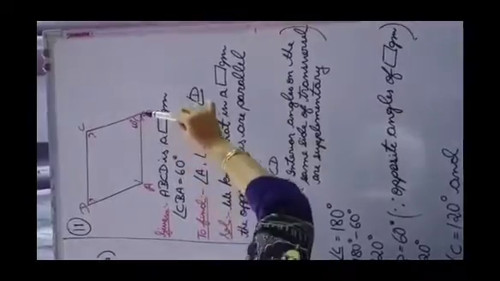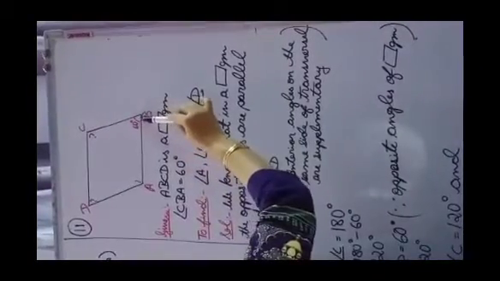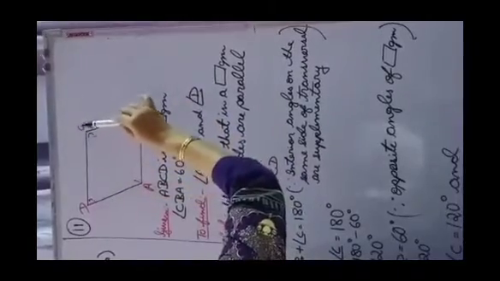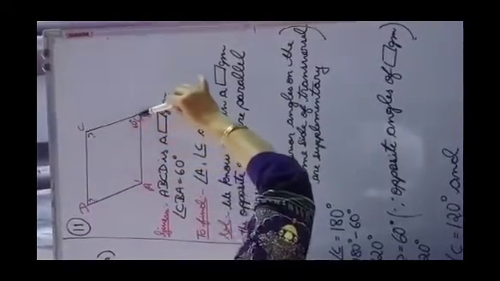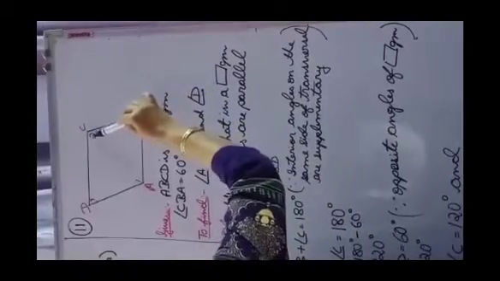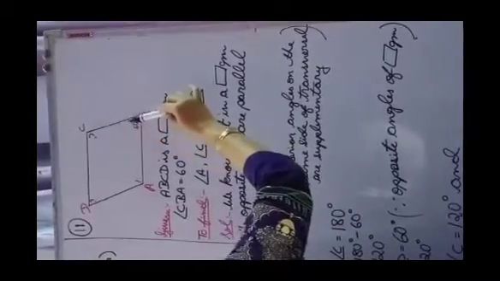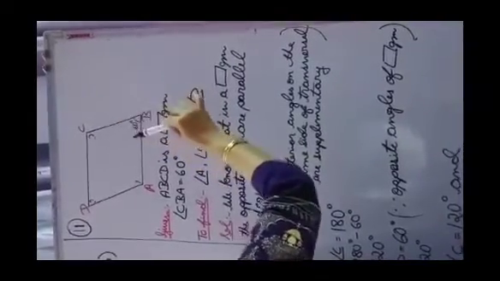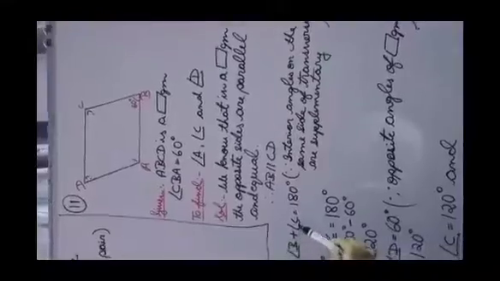Now see, since angle B is already given. If I take AB parallel to CD and suppose BC is the transversal, then angle B plus angle C, the two angles are on the same side of the transversal and are interior angles. So angle B plus angle C is equal to 180 degrees. Why?